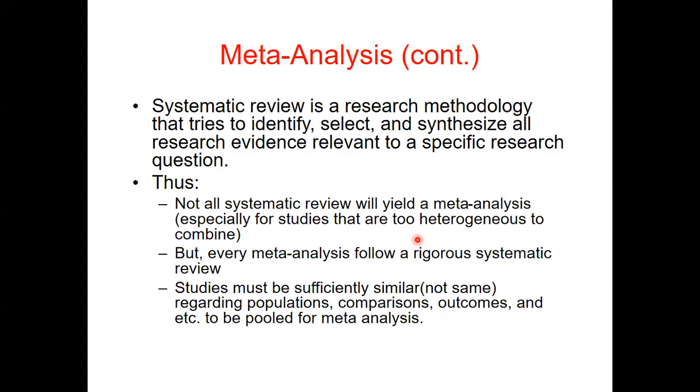So studies must be sufficiently similar, not the same, but similar regarding, for example, populations, comparisons, outcomes, etc., so that you may be able to pool these studies in a systematic analysis, okay?